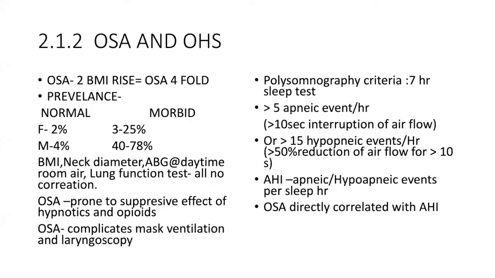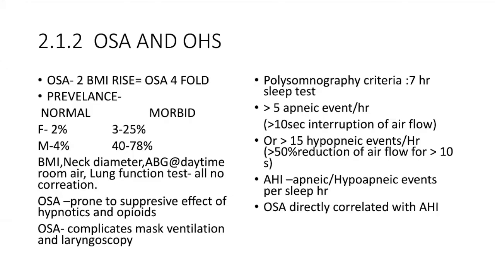And for the lung function test, although there is not much correlation of OSA with the lung function test, they are done. OSA patients are prone to the depressive effect of hypnotics and opiates, so we have to be careful about them.